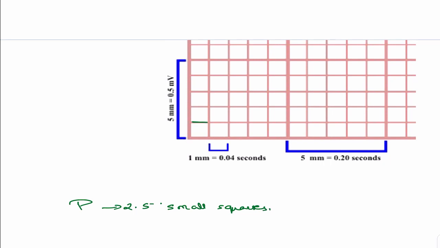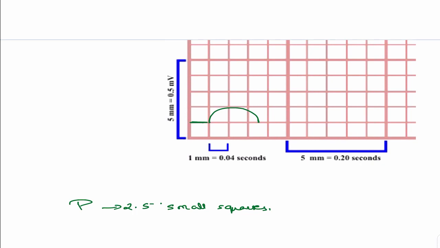This is the isoelectric line where there is no deflection at all, and if you take the P wave for 2.5 squares, somewhere here it will end. It starts from here till here. This is the P wave.